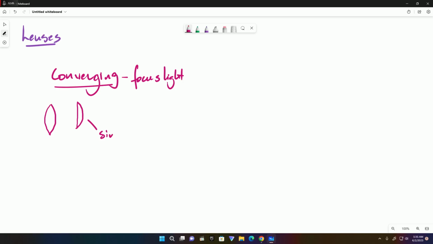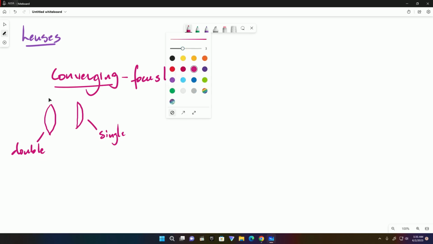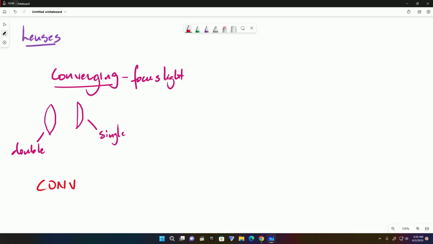This is a single and this is a double. These lenses that focus light are called convex lenses. On the other hand, you have your diverging lenses. And these scatter light or spread it out.